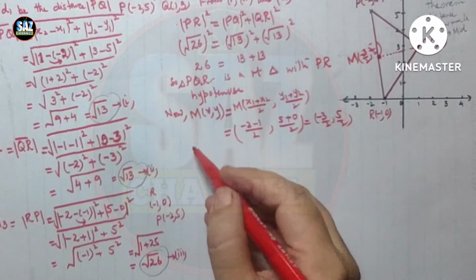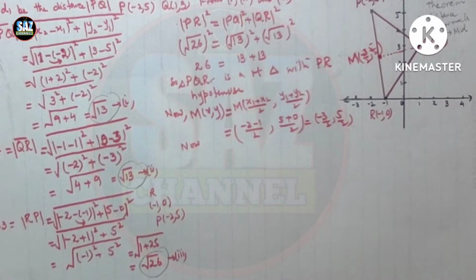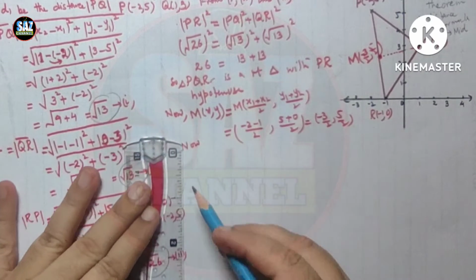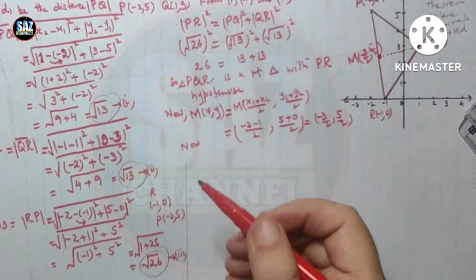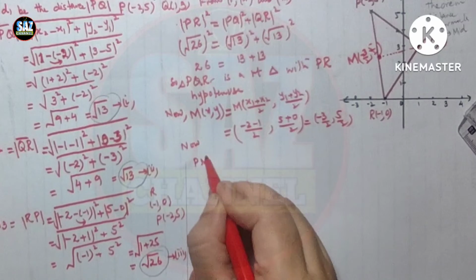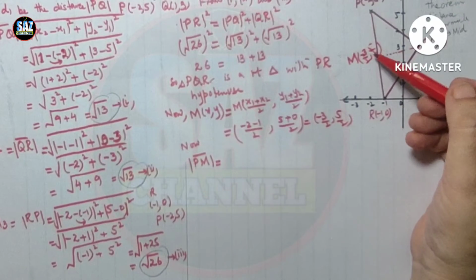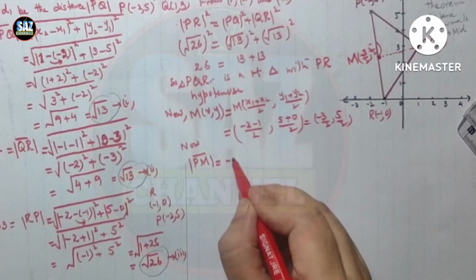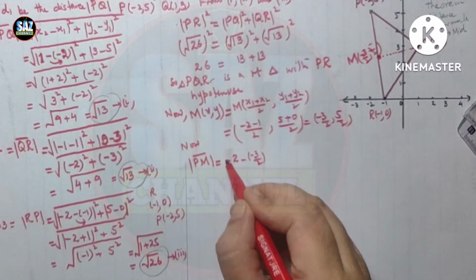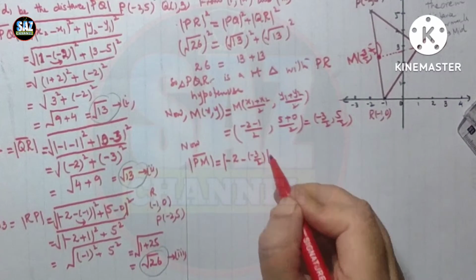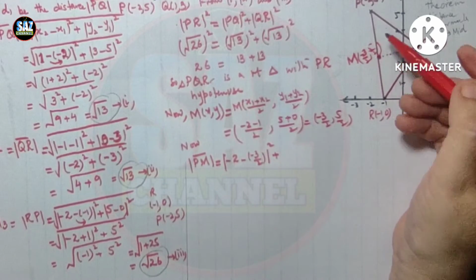recall the distance formula. For this topic it's really important to have an understanding of all the formulas. PM distance will be equal to the square root of x2 minus x1 whole square, minus 2 minus 3 by 2 whole square, plus y2 minus y1, 5 by 2 minus 5 whole square.